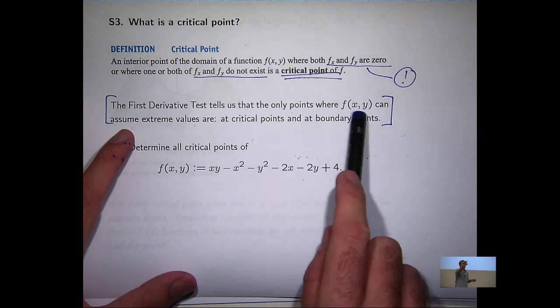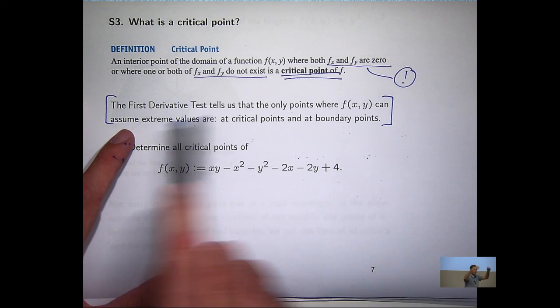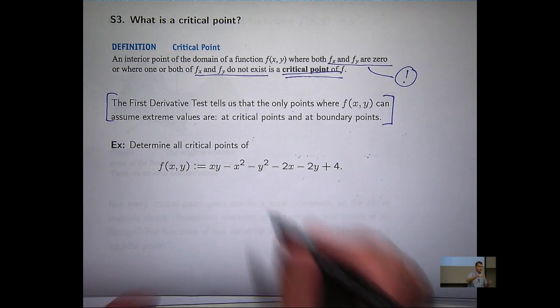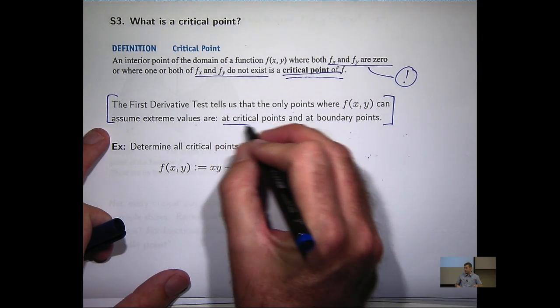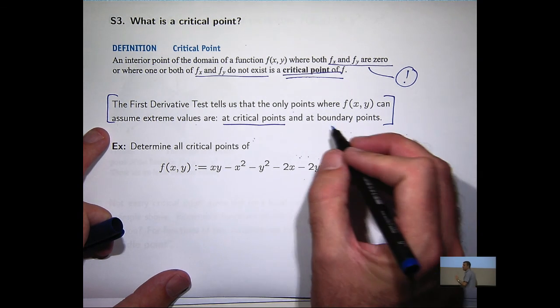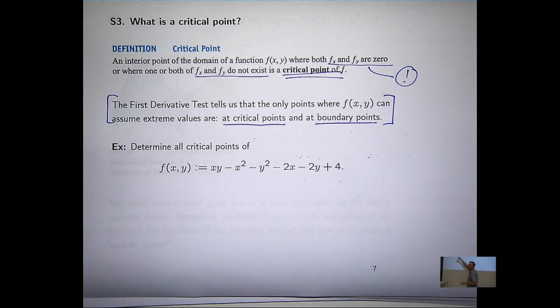The only points where f can assume its extreme values are at critical points or so-called boundary points. So by boundary points, I mean points on the sort of edge of its domain. We'll look at both of those cases.